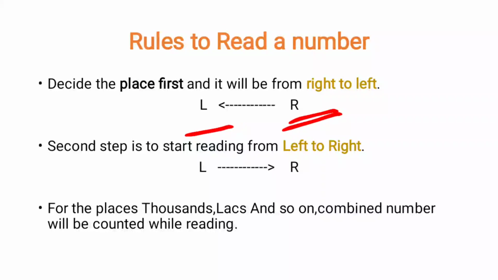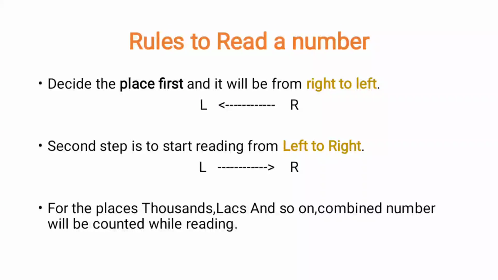In the previous lecture, we have seen the three digit numbers. So there are mainly three places, ones, tens and hundreds. But when we talk about the number greater than three digit, that means 4 digit number, 5 digit number, 6 digit and so on, there are basic places are more than 3.